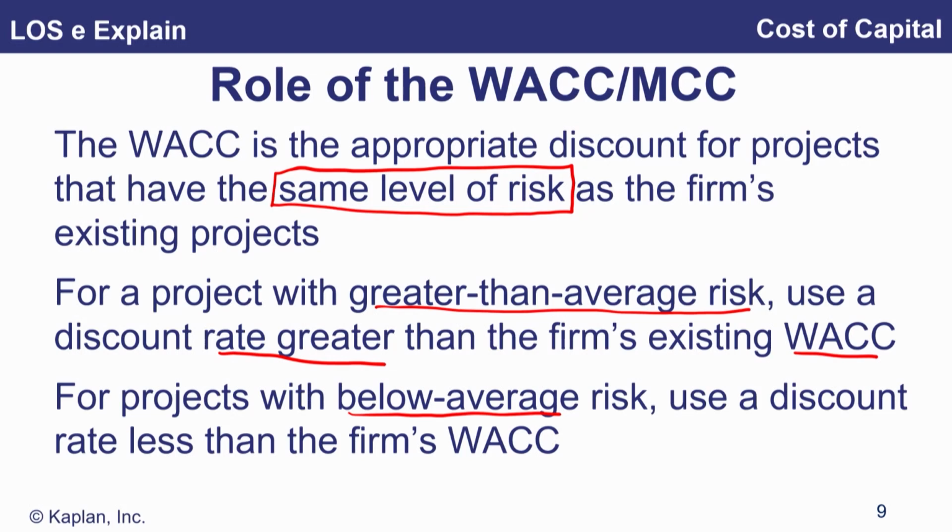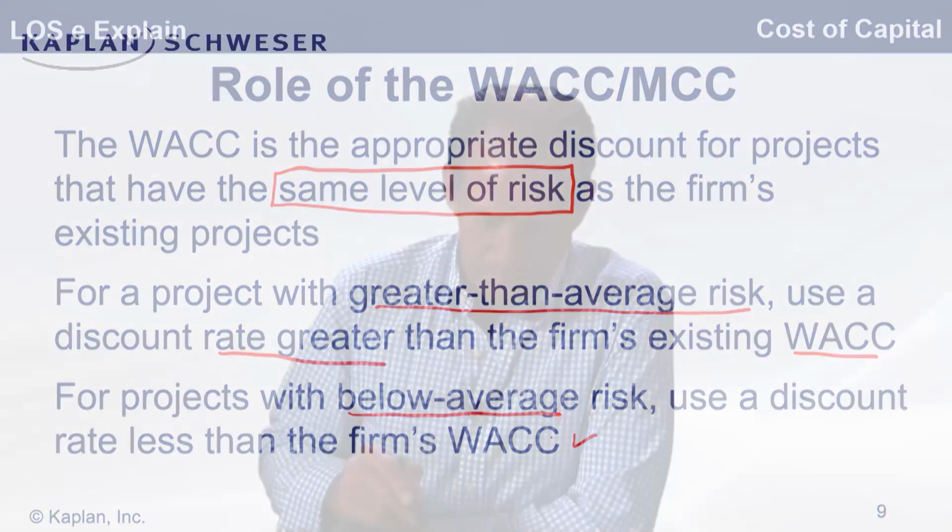We might want to use a discount rate that's less than the firm's weighted average cost of capital. So, key point here, we're calculating the WACC for the existing firm, its average level of risk of all the projects that make up a firm. If we've got a project with greater risk than that, we've got to use a discount rate that's higher than the WACC. If it's significantly less risk, we should use a rate that's lower than the WACC.